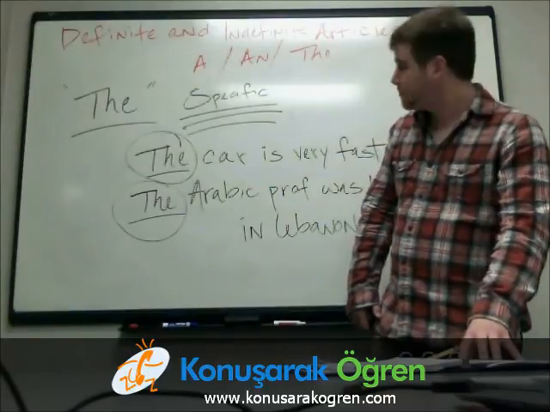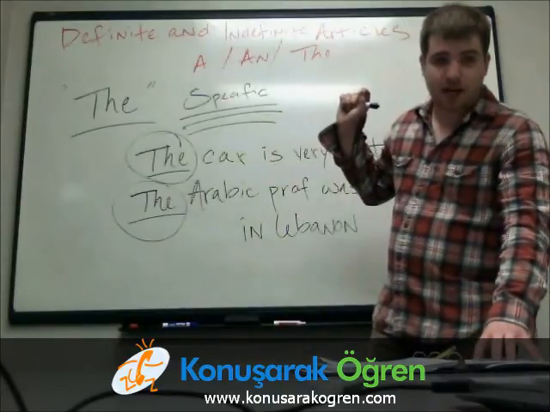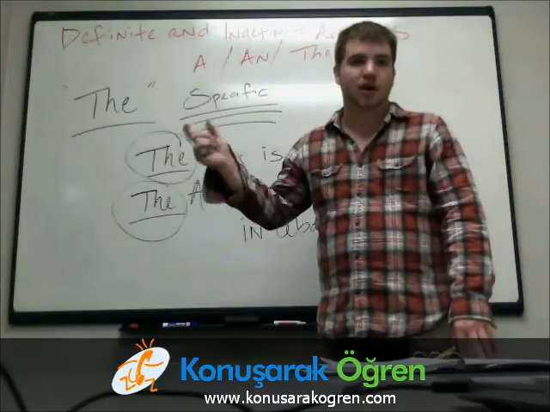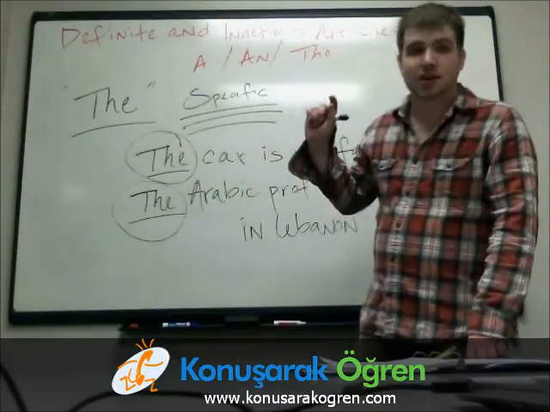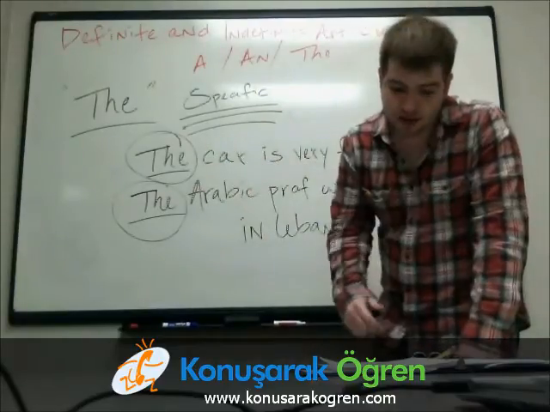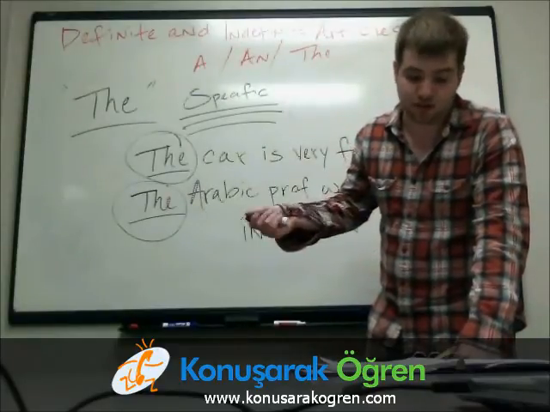With an, it's more or less the same. It's going to be used to refer to something that's not specific, to one object among many. But this time you're going to use an to modify words that begin with vowels. Would you like an apple? She is an English student.